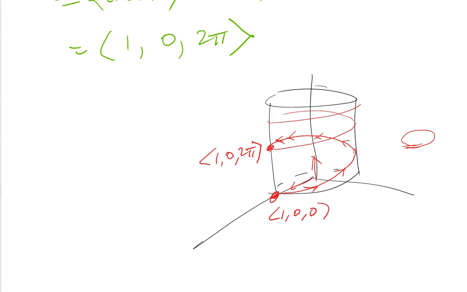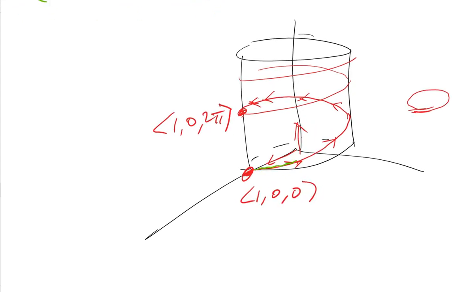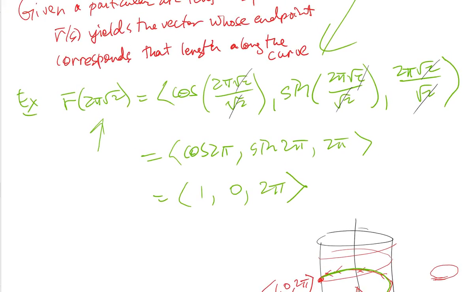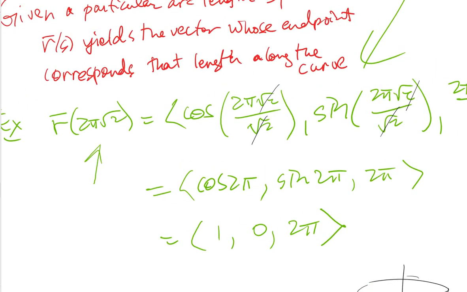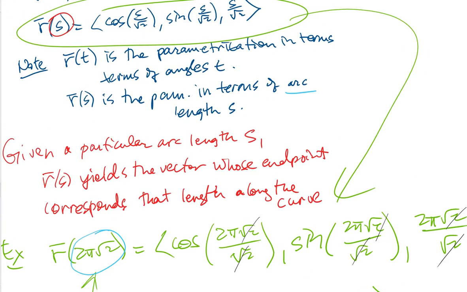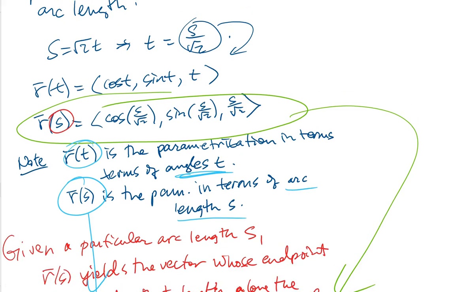So the length of the curve from here to here is 2 pi root 2, and that's what this is saying. Where along the curve do we end up when the arc length is 2 pi root 2? Remember, R is parameterized in terms of arc length at this point, not angles. Angles would be different.